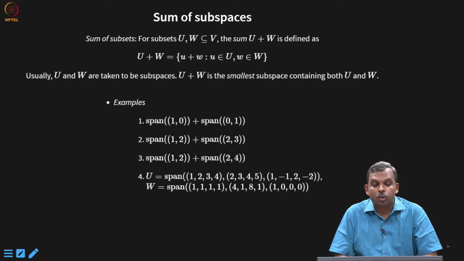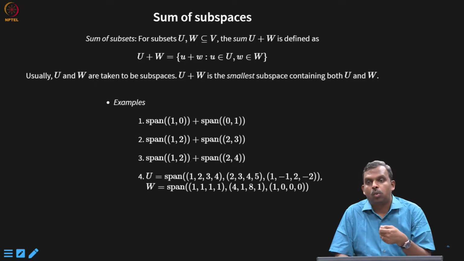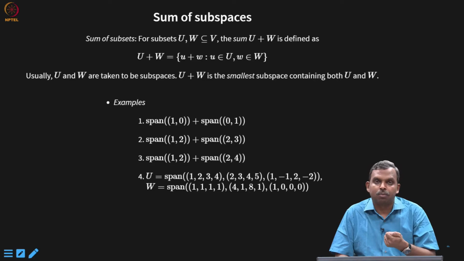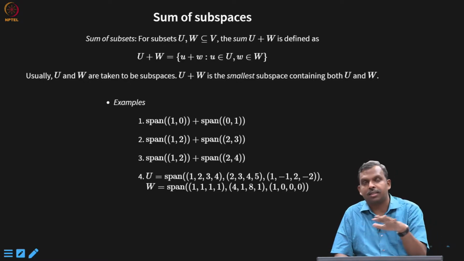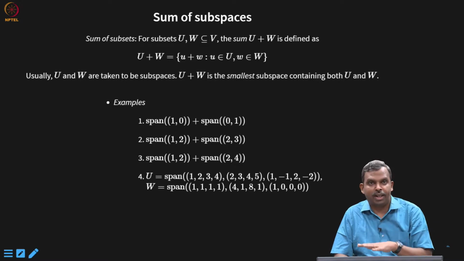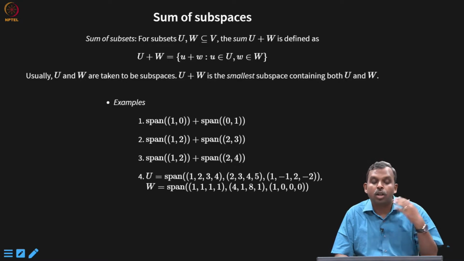U plus W is basically you take one vector from U, one vector from W and add them. You can do it in so many different ways, right? You can pick any vector you want from U, any vector you want from W, add and you get another vector. You put together all these vectors, and you get a set of vectors. That set of vectors is called U plus W.